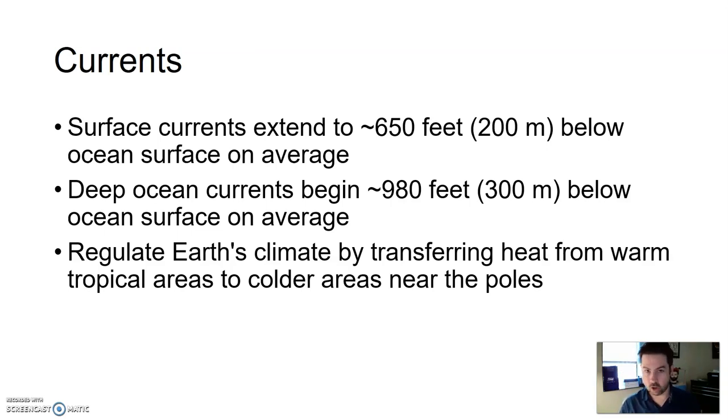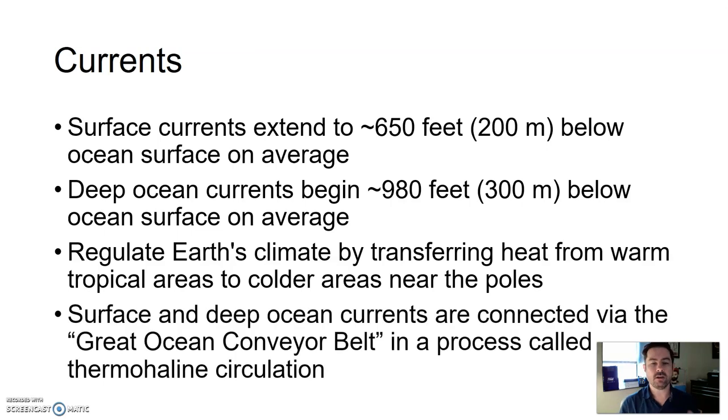If we look at all of those currents, of which there are a number, and we mathematically average them out, they're all connected via the surface and subsurface in something called the Great Ocean Conveyor Belt. It's all connected and driven by something called thermohaline circulation. Thermo, heat. Haline refers to salt.